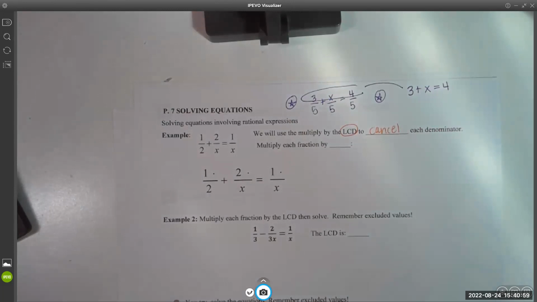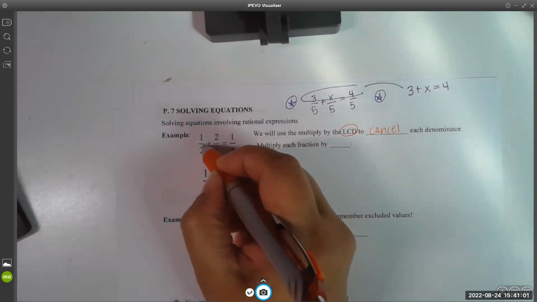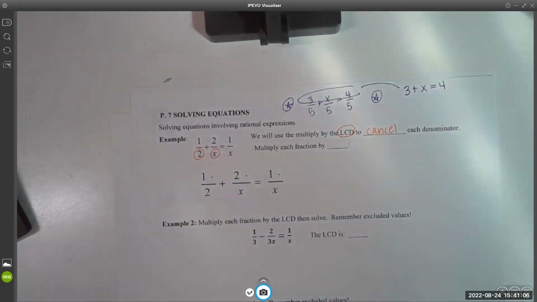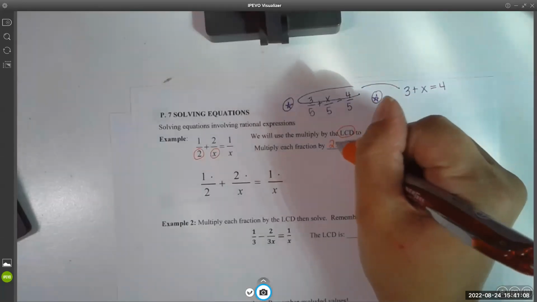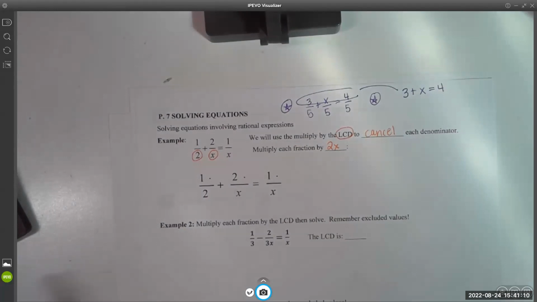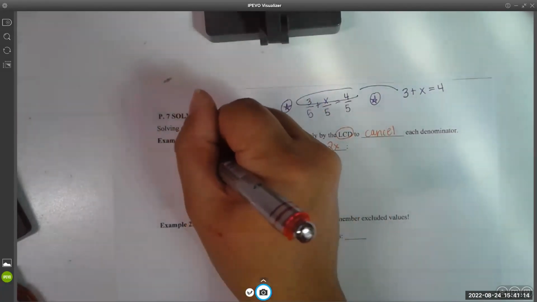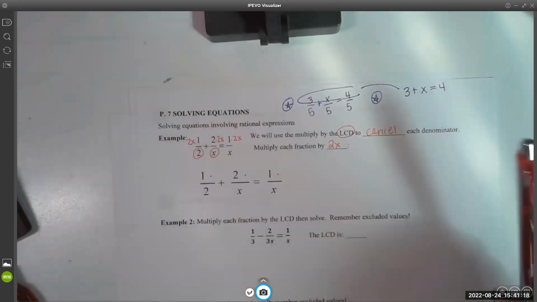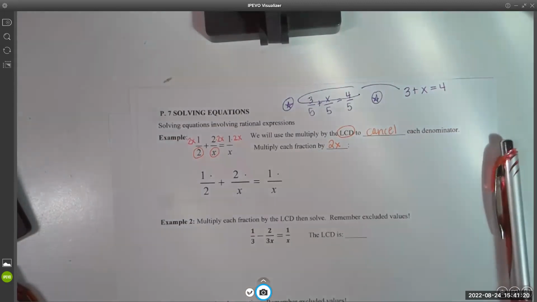So in this problem here, 2 is one of the denominators, and x is another denominator, and so 2x is the common denominator. And what happens when you multiply each of these fractions by 2x is that you create a factor that's common with each denominator, and so each denominator can cancel out.